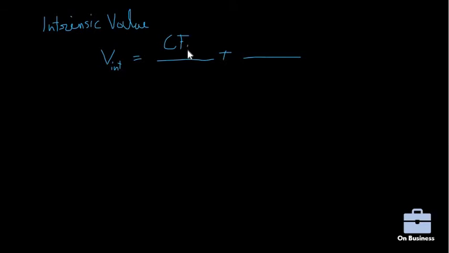So here is cash flow 1, here is cash flow 2, and I keep doing this over the lifetime of the asset. So I will be doing this until I reach cash flow n, whereby I take n as the lifetime of my asset.